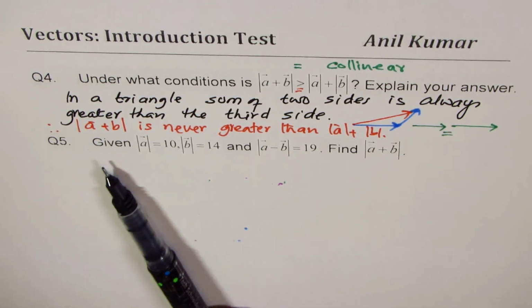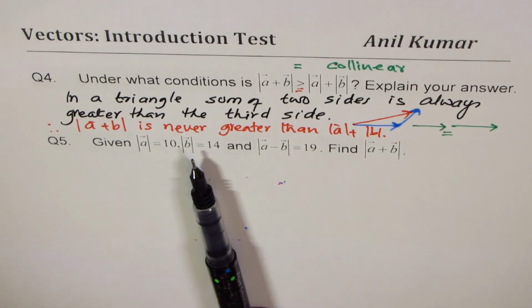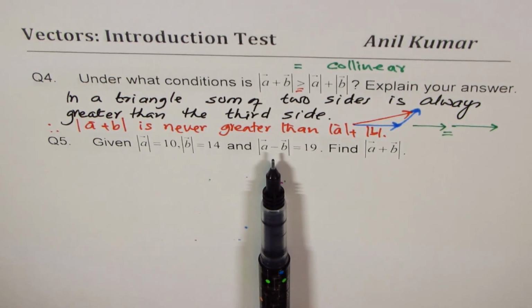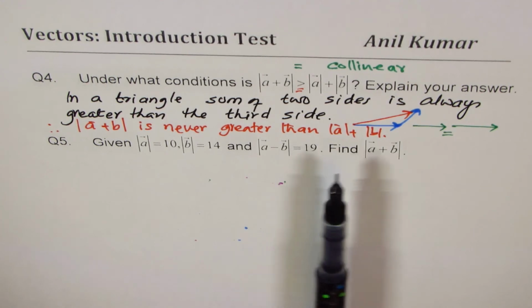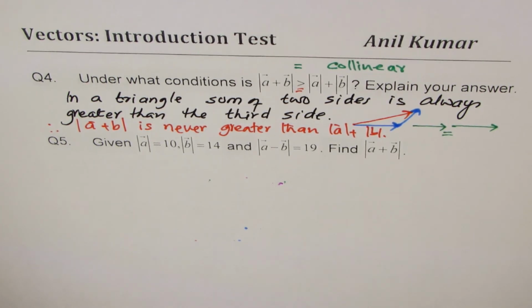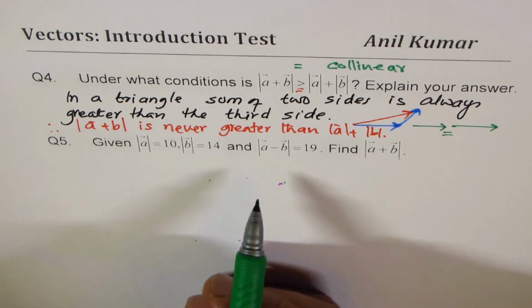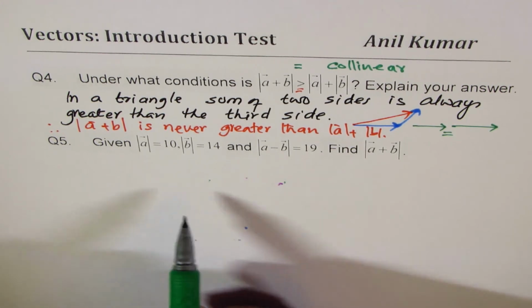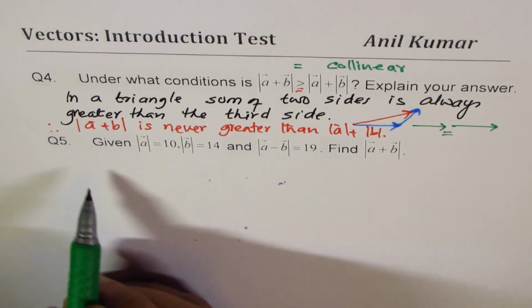Question number 5. Given the magnitudes of a and b, and the magnitude of a minus b this time equals 19, find the magnitude of the sum, correct? So let's try to understand what is given to us and how to do such questions. A minus b means what?